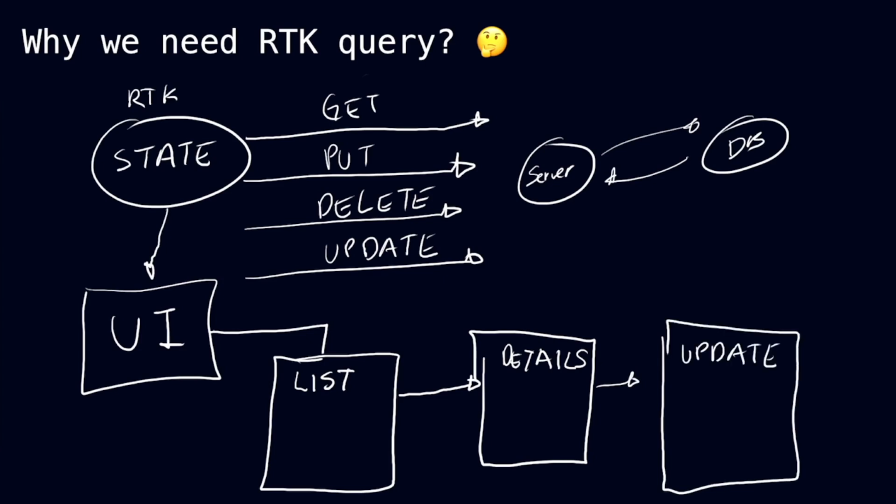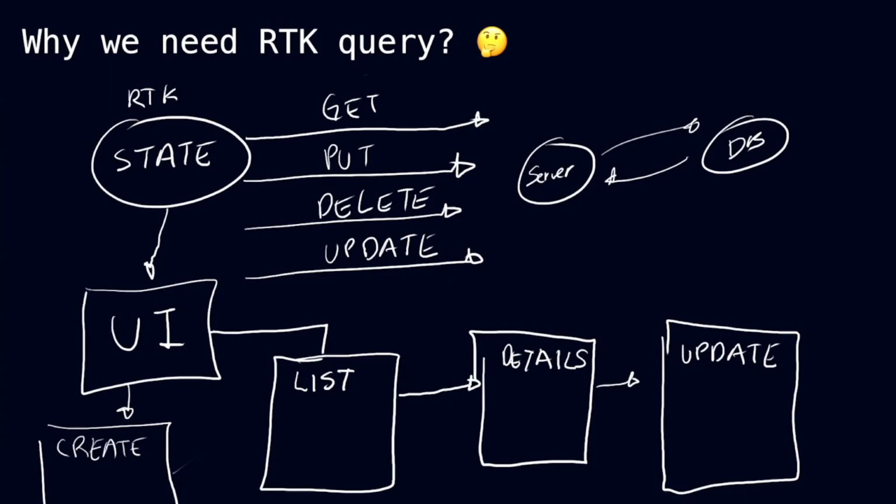So we can update and we don't need to worry about sharing the state with the list every time that we update. Or if we go back to the details, we should be able to see the new update, right? Or if we have another screen, for example, to create to-dos, we should be able to come back to the list and see everything. So RTK is going to allow us to keep everything in sync, basically.